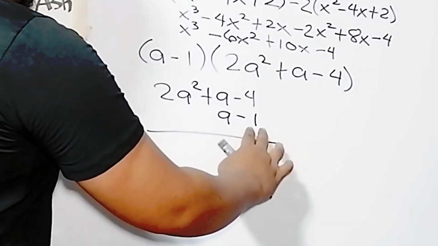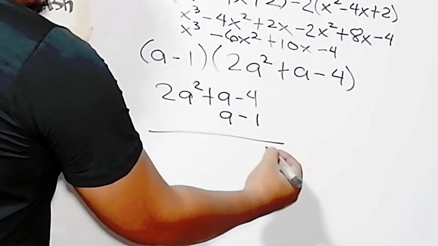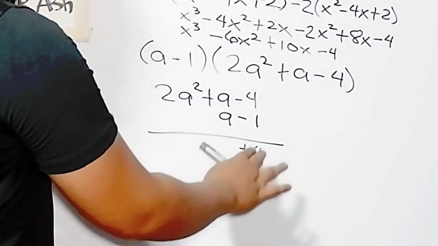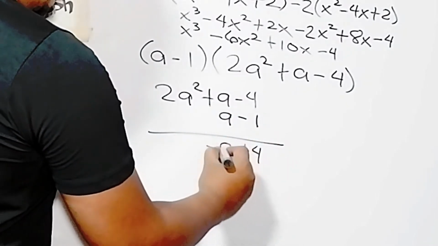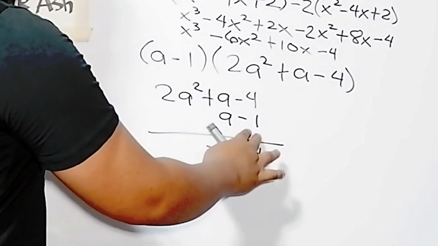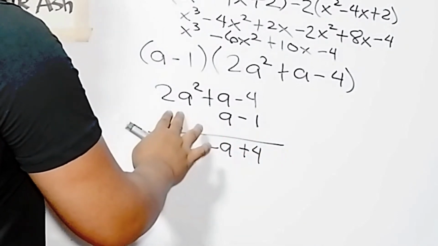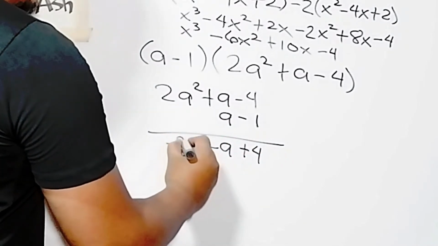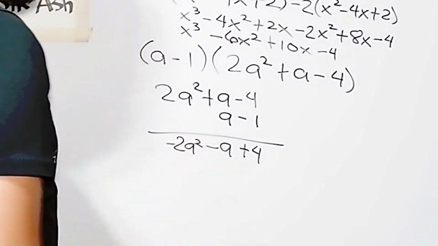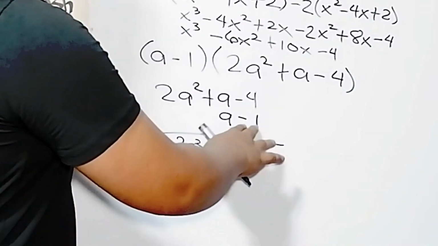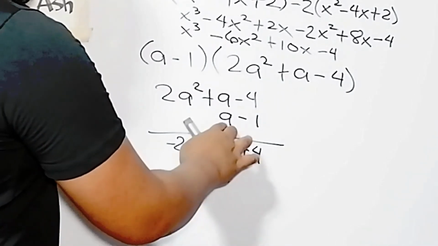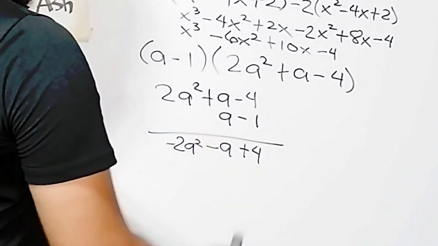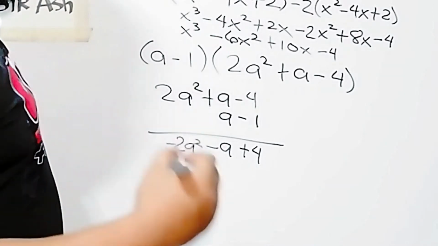So, negative 1 times negative 4, positive 4. Negative 1 times positive a, that will give you negative a. Negative 1 times 2a squared, that will give you negative 2a squared. So, you are finished with your first term. Now, going here, we have a times negative 4, so that is negative 4a.